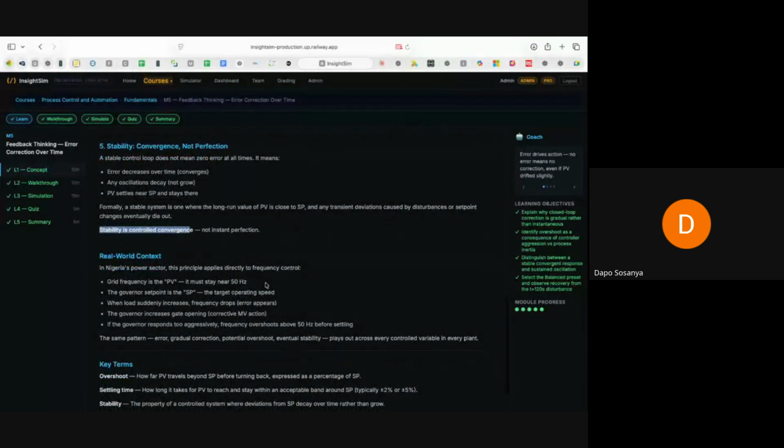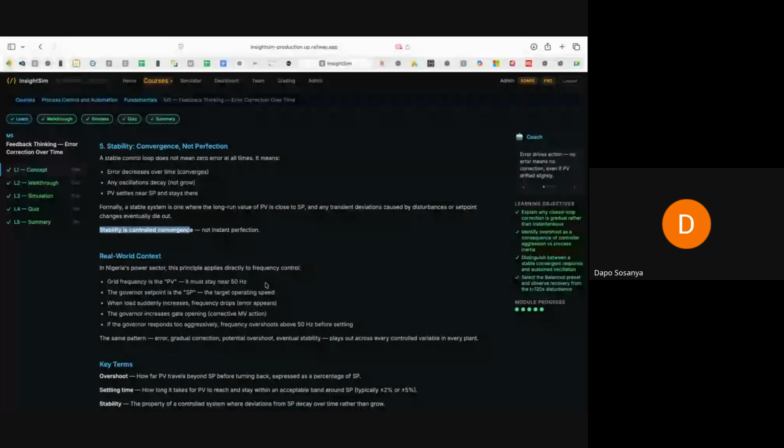If we look at an example, when we say there is a grid collapse, essentially what is happening is that the grid strayed away from the 50 hertz frequency, because the set point for our grid is 50 hertz.